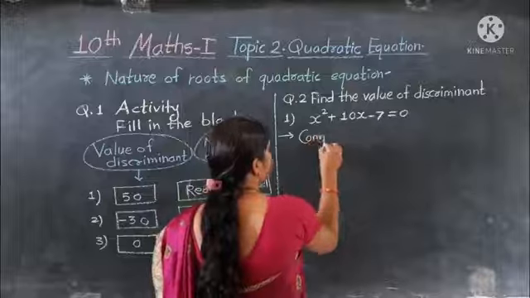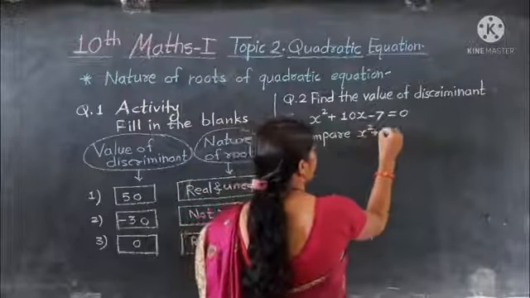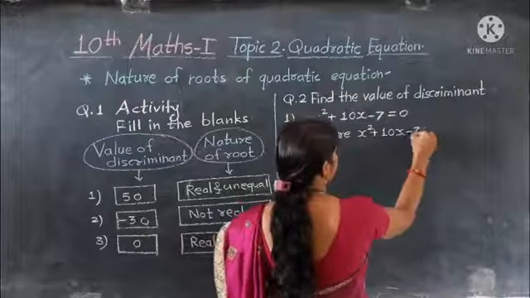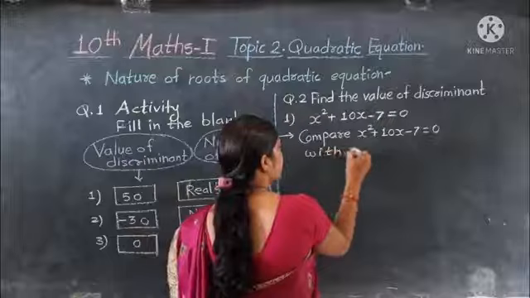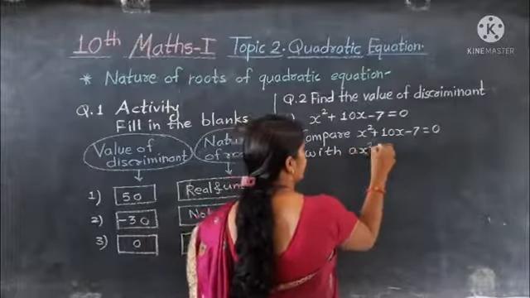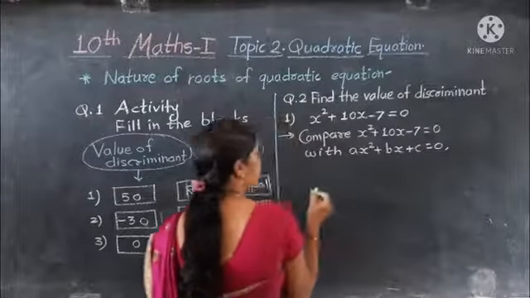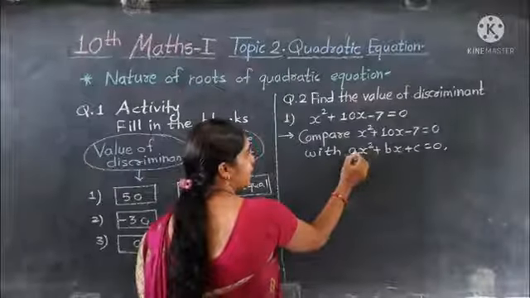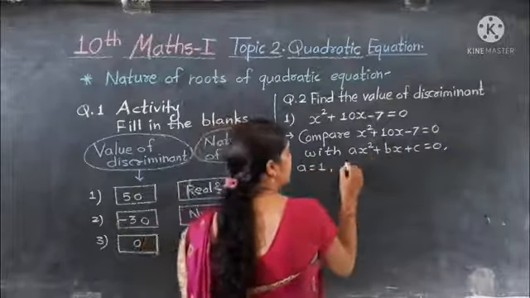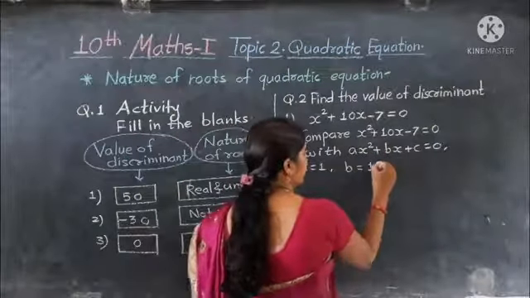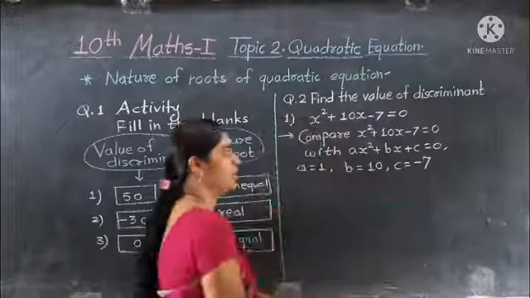Compare x square plus 10x minus 7 is equal to 0 with ax square plus bx plus c is equal to 0. Observe, a is equal to 1, b is equal to 10 and c is equal to minus 7.